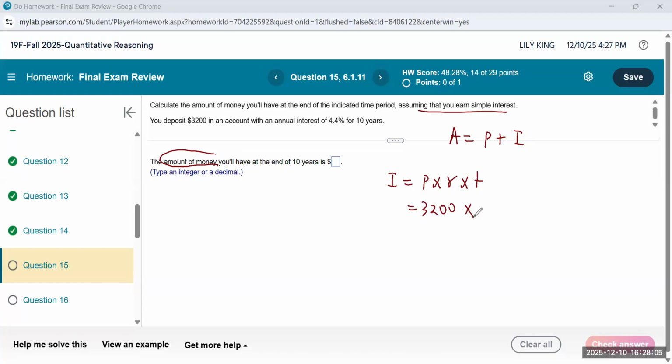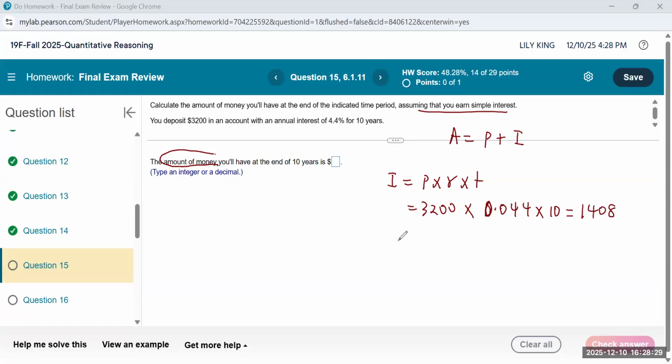The rate has to be converted to a decimal. So 4.4 to a decimal is 0.044. Your time is 10 years. So just this calculation will give you the interest. And you don't stop there, or you don't put that as an answer.